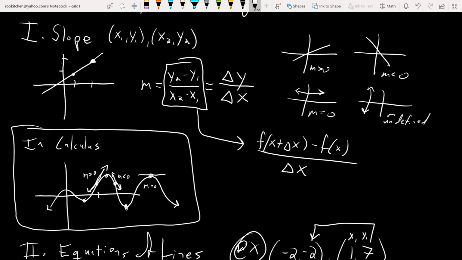You can agree that change in x is x2 minus x1, and at least it has some resemblance. You could think of this as your y2, and this guy is your y1.